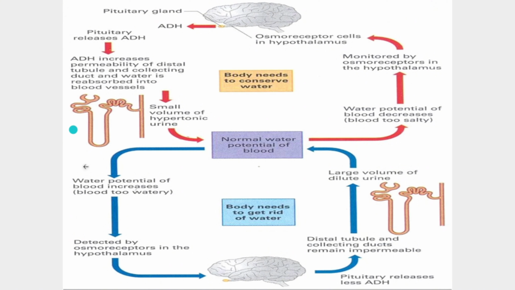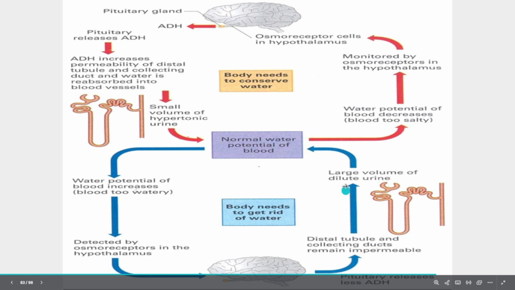So here, this is about the water potential of blood decreasing, which means blood osmolality is high. When your blood osmolality is high, ADH hormone is produced. However, when your blood osmolality is low, which means the water potential is high, it will also be detected by the osmotic receptor, but it will not release ADH.